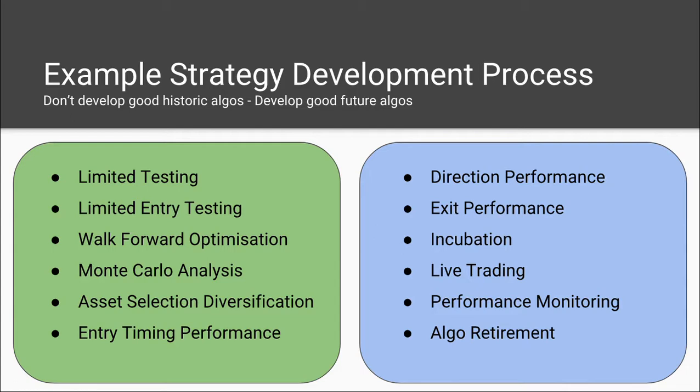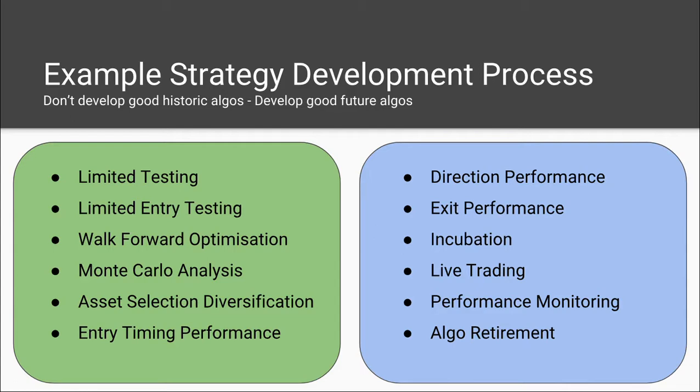I'll test the entries to start with. I'll take out trading costs and see if it's got a higher win rate with the entries. Play around again with the parameters and things like that, again on a very small amount of data. Once I've got my system working as it should and I've got an idea of what range I should be using for my parameters, I don't optimize the system on the whole set of data.